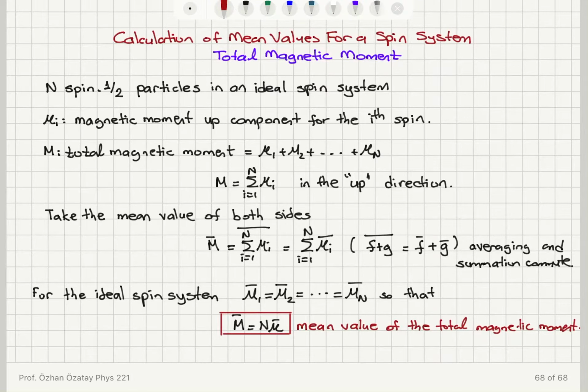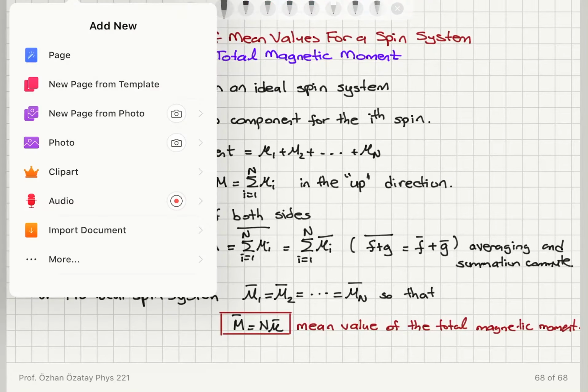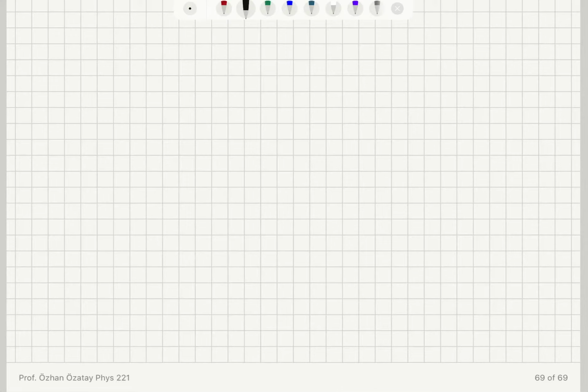Okay, then I would like to start discussing the deviation of the total magnetic moment. Then we will have the deviation of the total magnetic moment is M minus M bar. So since M is the summation from I equals 1 to n of mu sub I, the sum of all the magnetic moments along the up direction, minus the sum over I equals 1 to n of mu bar, which is the average value of the total magnetic moment.